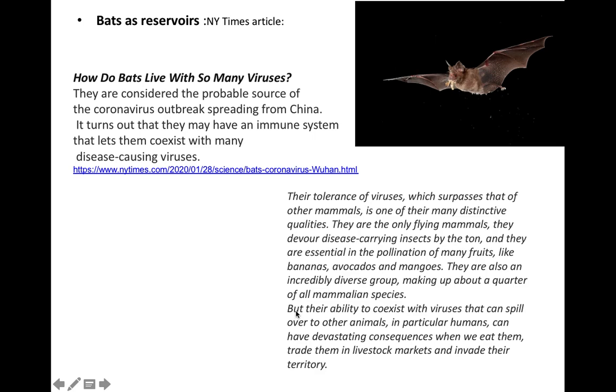And this is the main point: their ability to coexist with viruses that can spill over to other animals, including humans, can have devastating consequences. And this can happen, you guys, in some cultures. Bats are eaten.